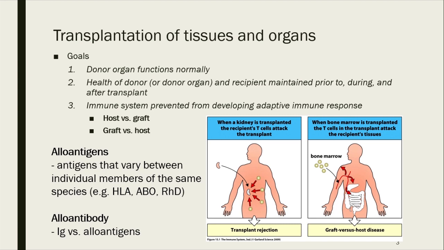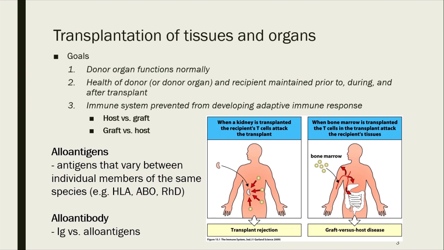This type of rejection, or developing of an adaptive immune response, is on both sides. We're talking about host versus graft as well as graft versus host. Here is the graph showing you different cases.